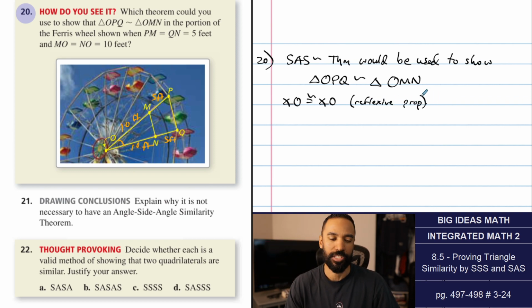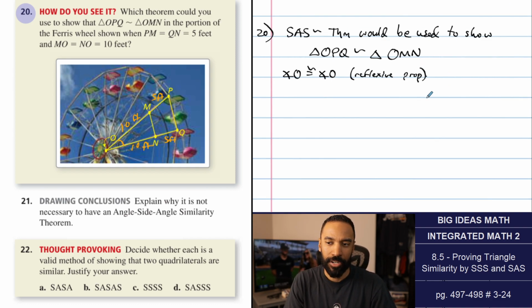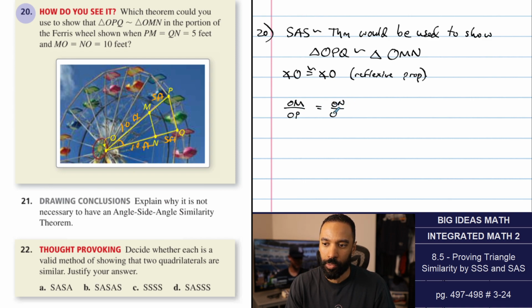Now these are both sets of isosceles triangles, so it wouldn't really matter which set you compare to another, but I would try and see that OM is to probably OP as ON is to OQ. And it would work out because 10 plus 5 is 15 for both of those.